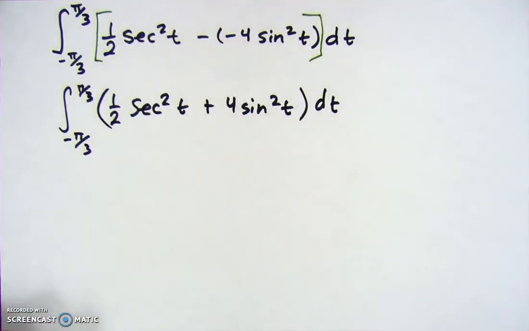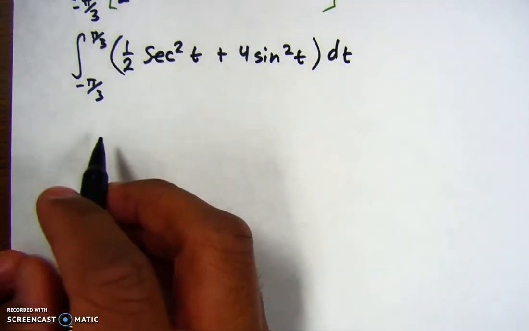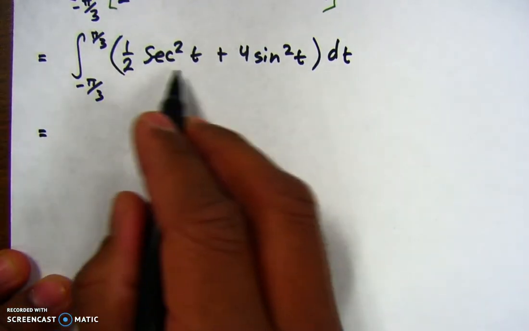dt. And then using more properties for integration, we can separate this to 1/2 secant squared t.